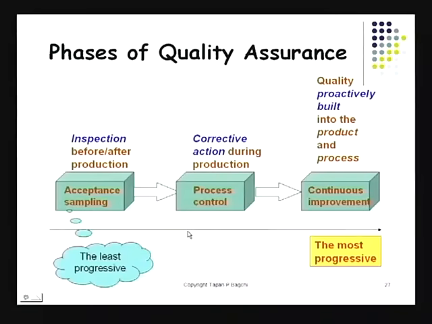If you look at various strategies, various approaches to quality assurance, the least effective one is when you're trying to do your quality assurance based on inspection only. It is somewhat better when you're trying to do SPC, process control. But it's best when you're trying to take proactive steps.